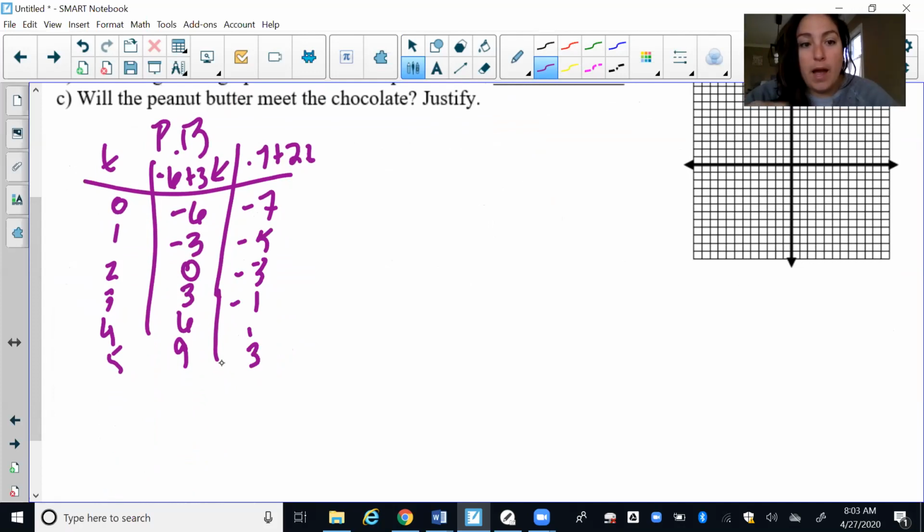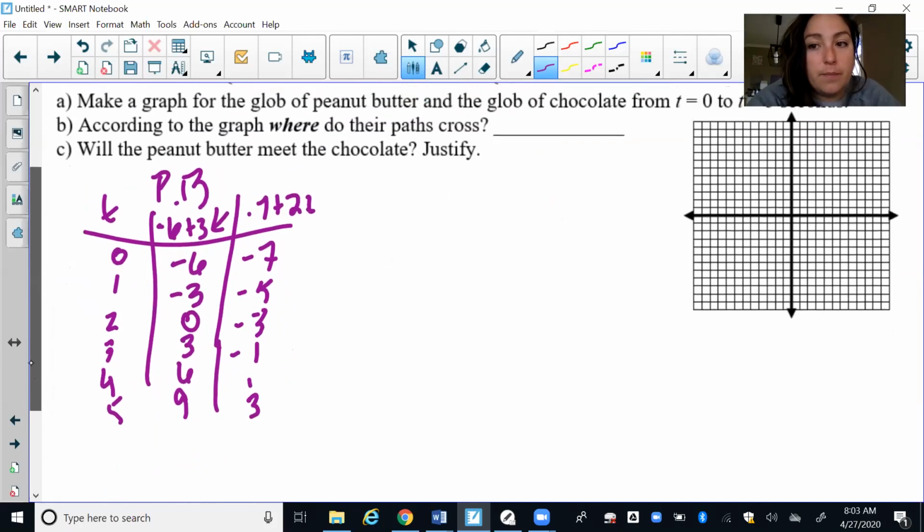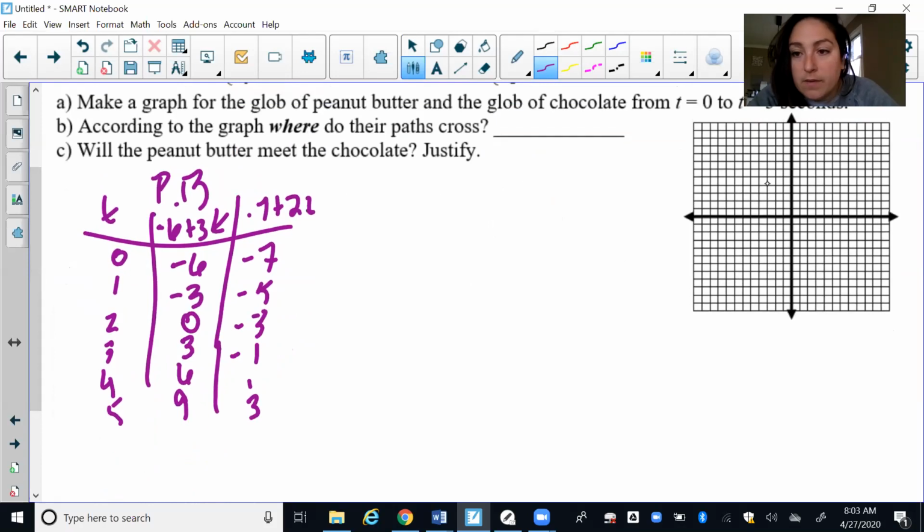All right, so we graph those points, and we have -6, -7, and that's at t equals 0. And then we have -3, -5, that's at t equals 1.